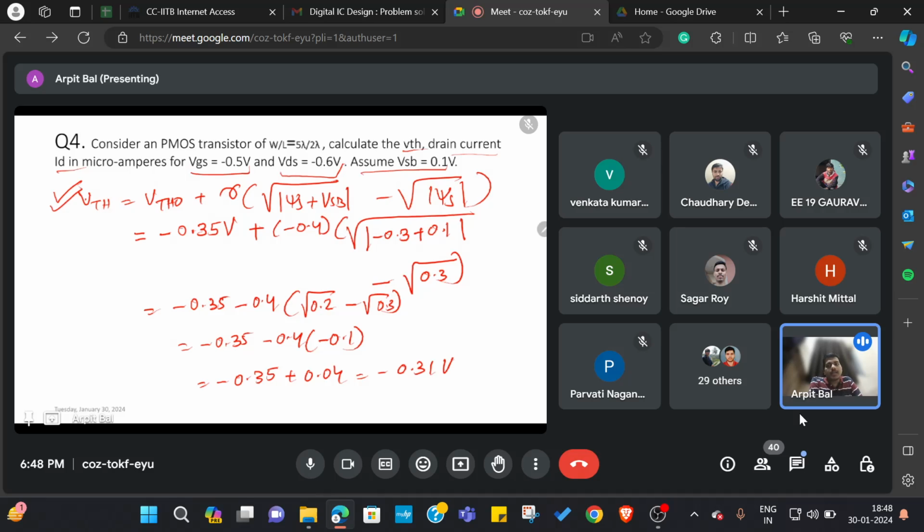The only thing you need to change is whatever VTH or any value given in modulus, take the negative value in the entire equation. Then you can arrive at the correct solution for PMOS. I'll take a 1 minute pause here for everyone to look at this, and then we will proceed with figuring out the region of operation for PMOS.